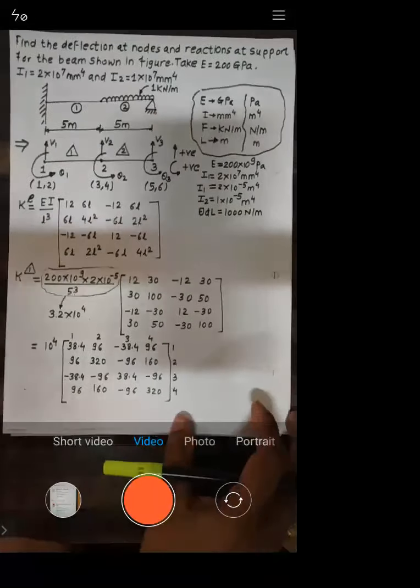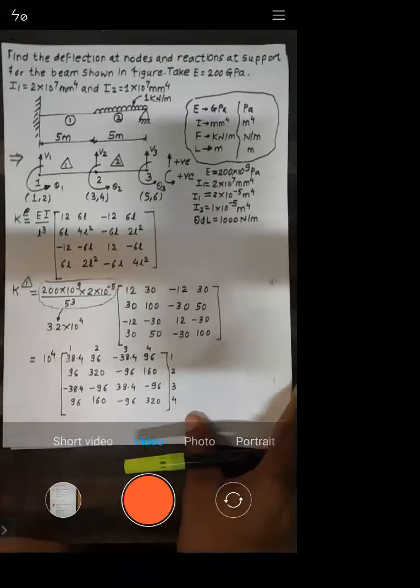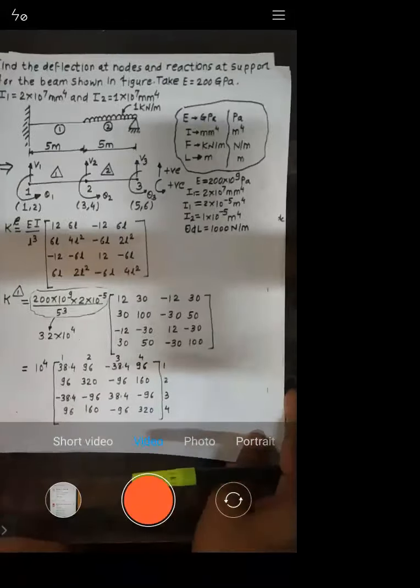Now we'll take one more problem based on this beam. See this problem.